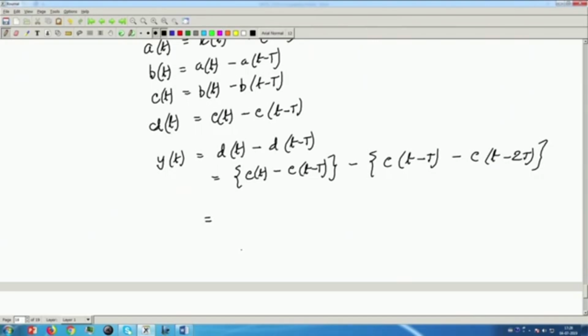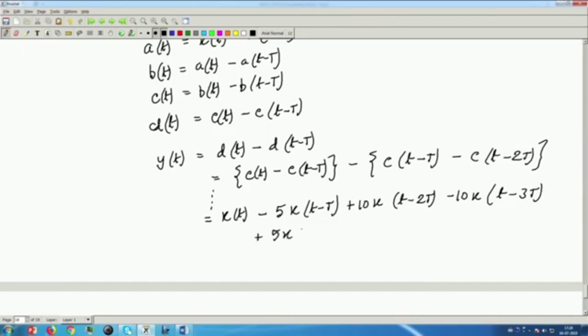So, you will come up with this x t minus 5 x t minus t. There are steps, easily you can fill up those steps. 10 x t minus 2 t minus 10 x t minus 3 t plus 5 x t minus 4 t minus x t minus 5 t.